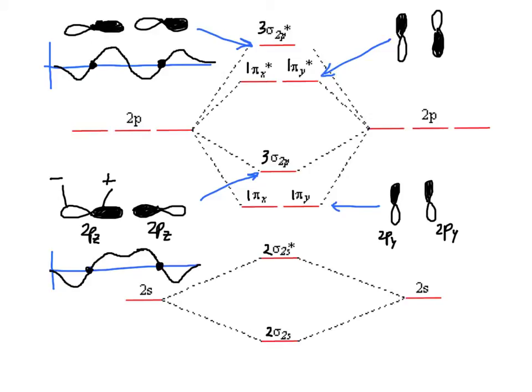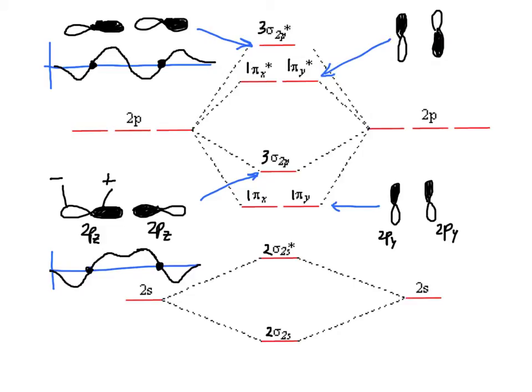On the other hand, for the pi combinations, which are these two, you see that along the bond axis you can create a plane, and if you visualize, you will see that the wave function is actually 0 in that entire plane. For this example, that is the case, and for this antibonding example also, that is the case. So there is exactly one nodal plane along the bond axis in the case of the pi combinations.